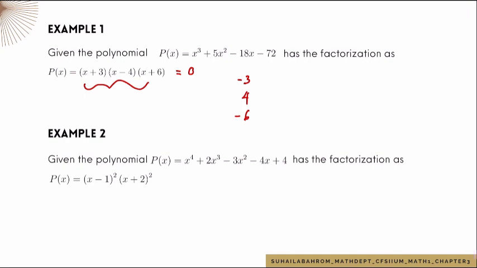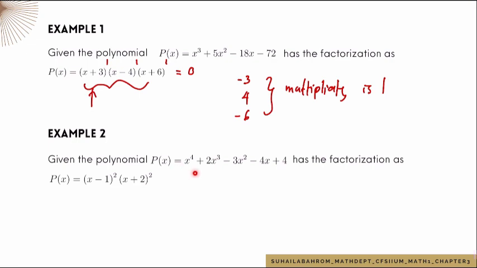For each factor here, the power or the multiplicity is equivalent to 1. Therefore, for each of the zeros, negative 3, 4 and negative 6, the multiplicity is equivalent to 1.